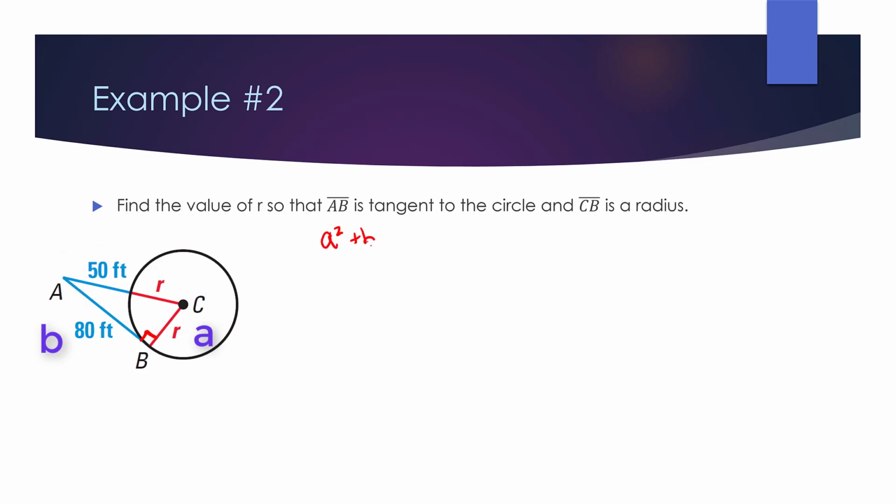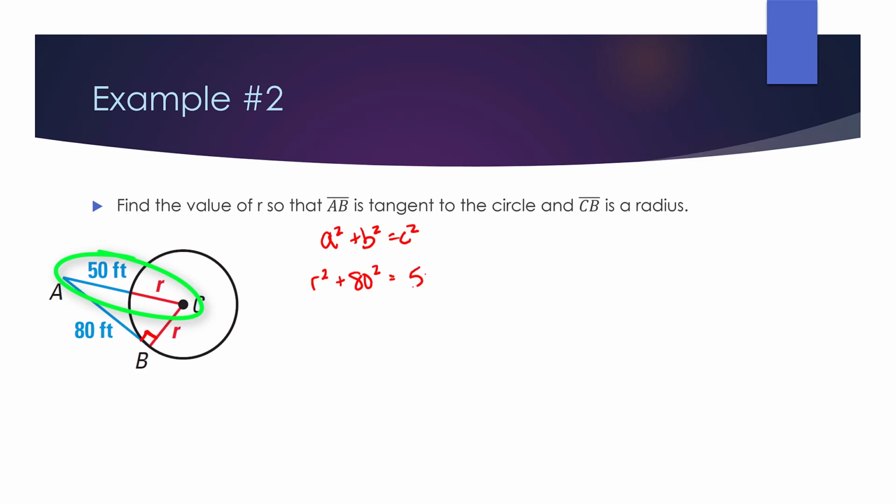Let's start this off first. A squared plus B squared equals C squared. And we just said that R is A, so R squared, and B is 80, so 80 squared. Now this other length, 50 and R. What we want to do is add those together because it's the blue piece there plus the red piece that makes that entire hypotenuse length.